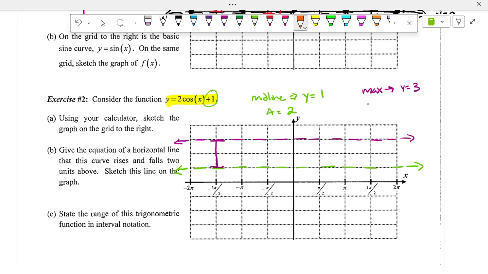Okay, what about my min? If I count 2 down from the midline, it's -1. Good. So y is equal to -1.